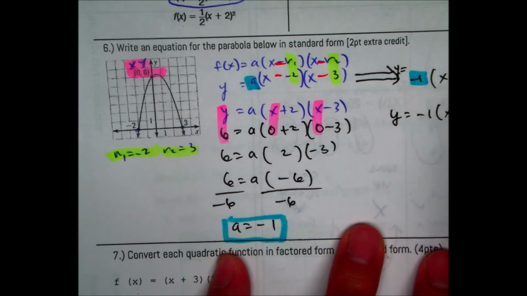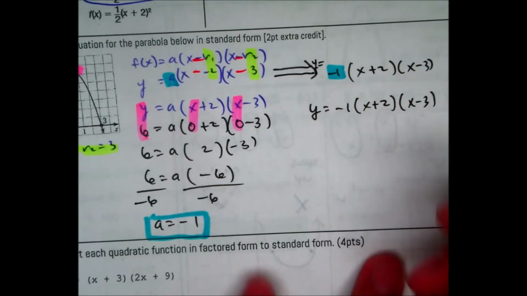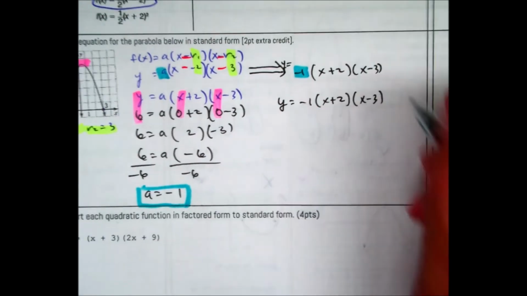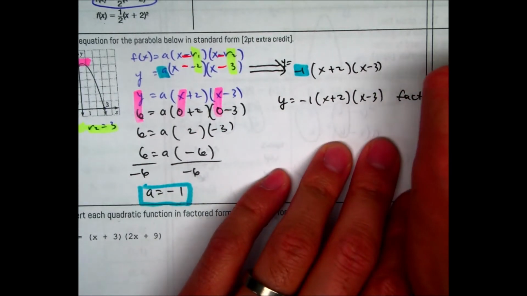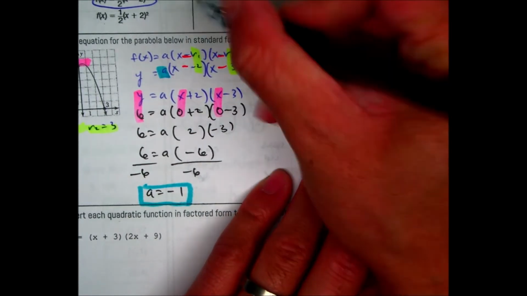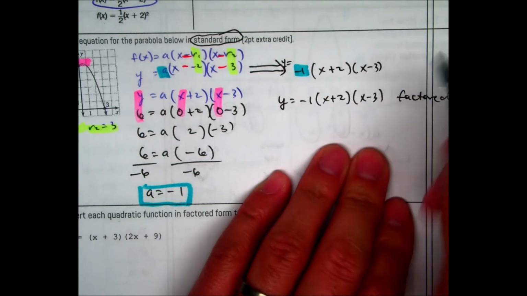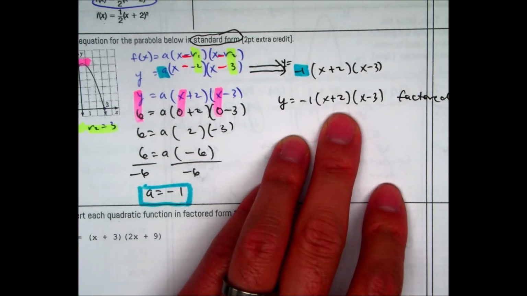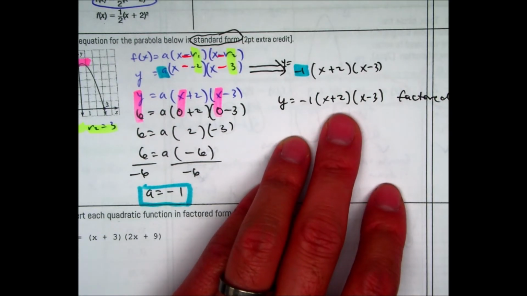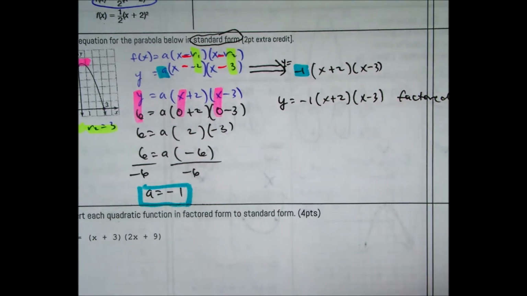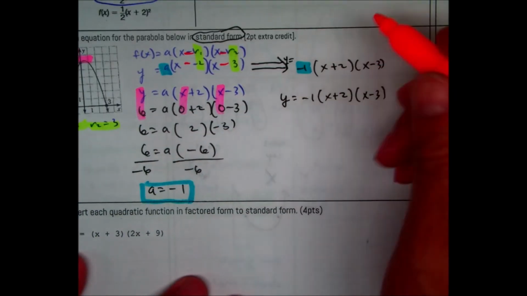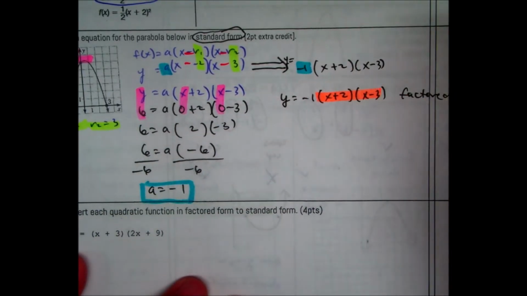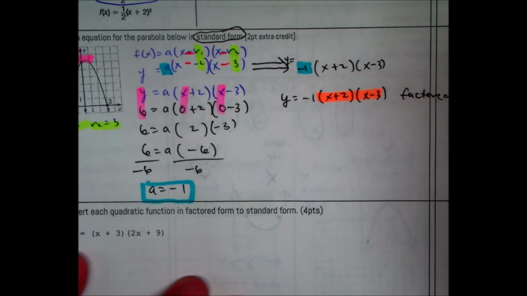Okay, so this is factored form. In this question, I made extra credit ones in standard form, which means that essentially you're not going to have any parentheses. So you're going to multiply inside a box. Let's put it way over here.